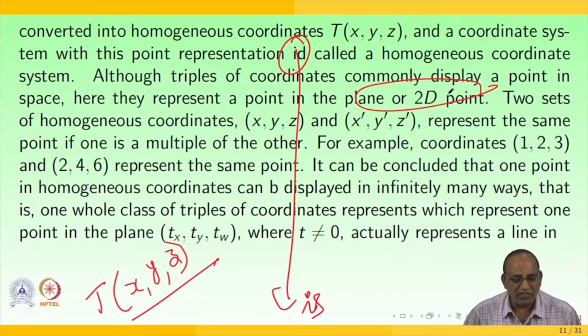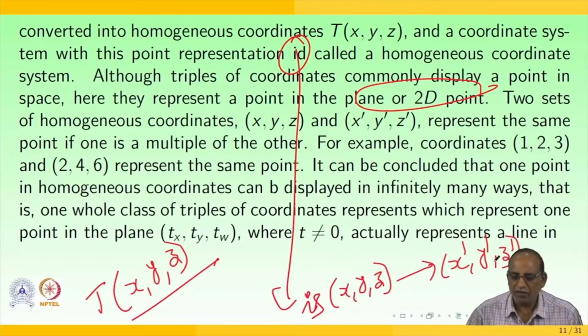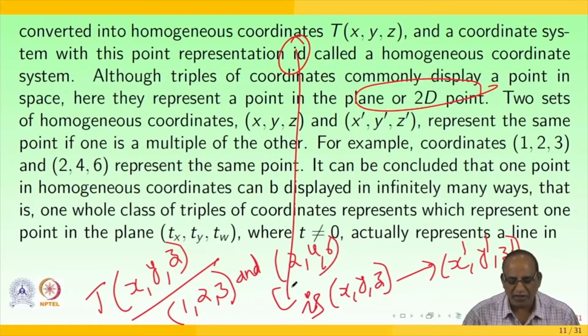Two sets of homogeneous coordinates, that is (x, y, z) and (x', y', z'), represent the same point if one is a multiple of the other. For example, if you have coordinates (1, 2, 3) and (2, 4, 6), they represent the same point. It can be concluded that one point in homogeneous coordinates can be displayed in infinitely many ways.